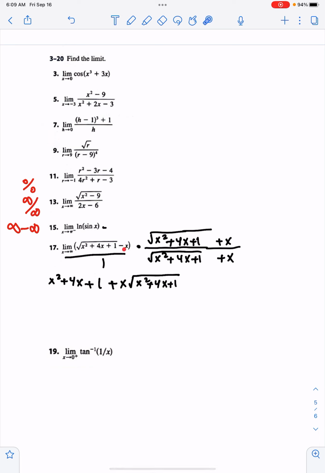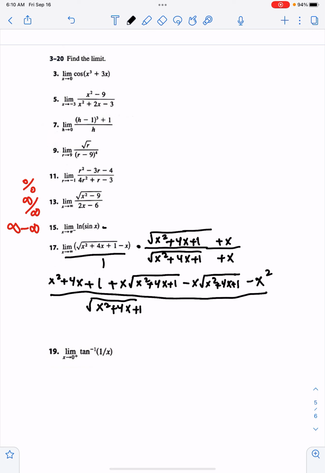And then negative x times radical, so that would be negative x radical x squared plus 4x plus 1. And then the last one is negative x times x, which is negative x squared, over radical x squared plus 4x plus 1 plus x, limit as x goes to infinity.